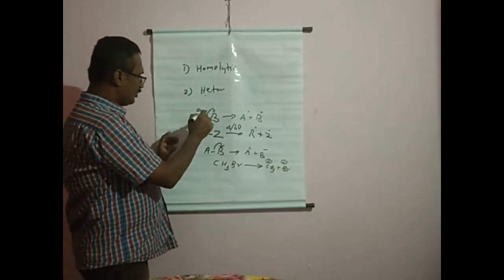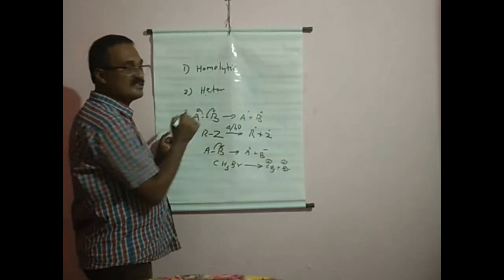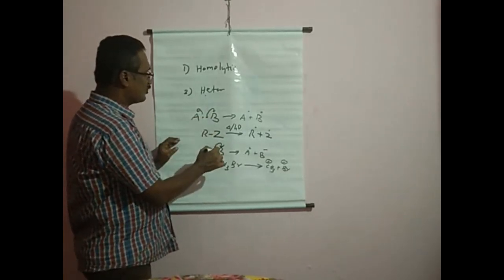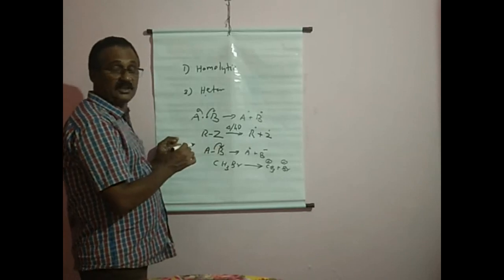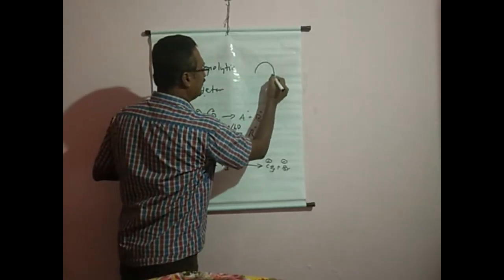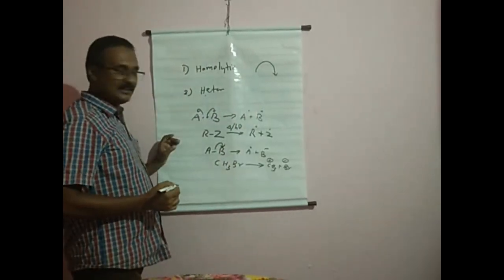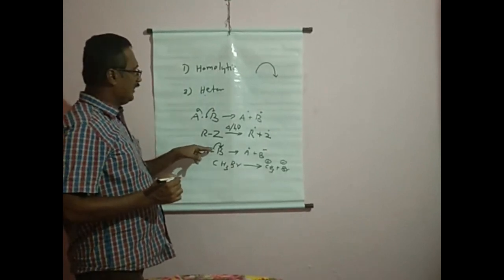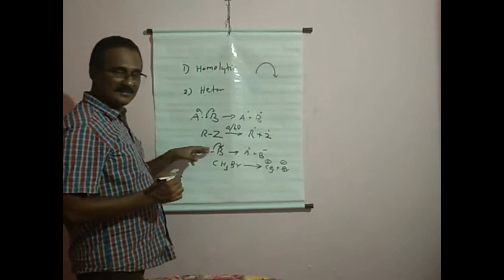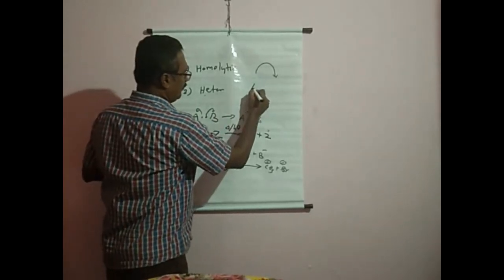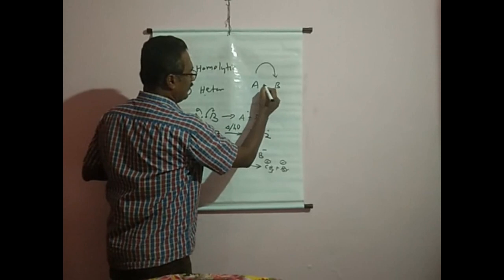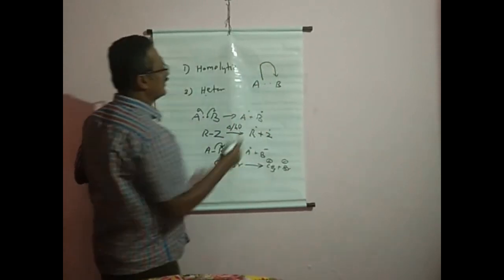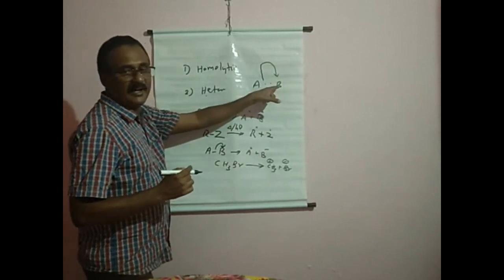Normally, two types of arrow notations are used in organic chemistry. One is the so-called curved arrow notation. The curved arrow is used for the complete transfer of both the electrons. For the transfer from A to B, for complete transfer of these two electrons, we use this curved arrow.